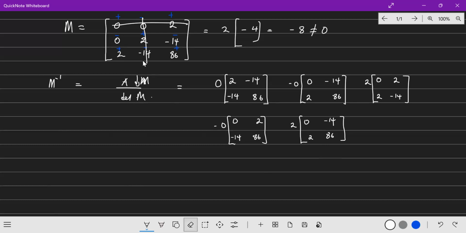Okay. And then finally, you have this negative 14. Now, yes, it's negative 14, and the negative that you're going to include there has to be positive 14, right? Okay. And then multiply by, so you cover that, you have 0, you have 2, you have 2, you have negative 14, right? Okay. And then now let us do the last one, the last row.